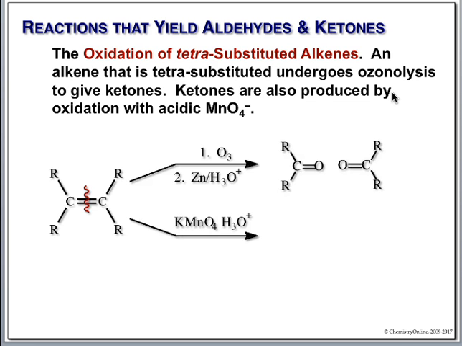Now remember, potassium permanganate is a powerful oxidant, so we can't use it to make aldehydes. Aldehydes would be immediately oxidized to the carboxylic acid. However, if we have a tetrasubstituted alkene, we can split this very nicely and again make 2 ketones. Any questions?